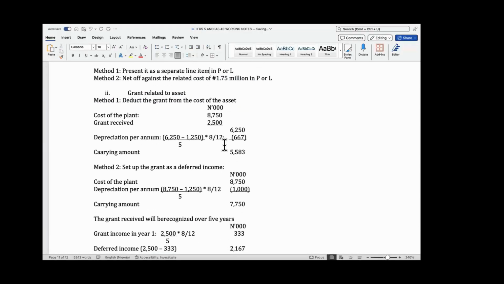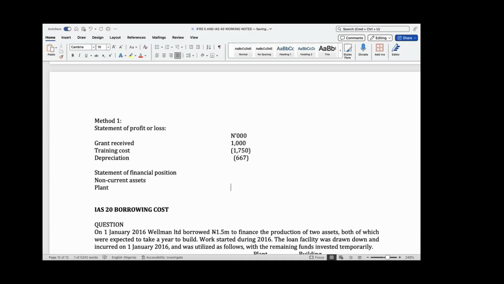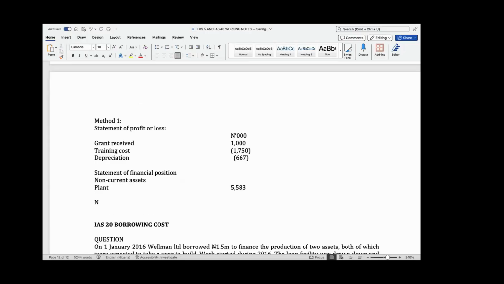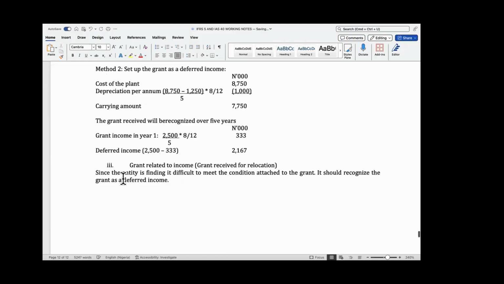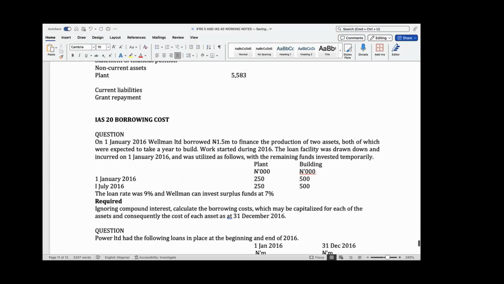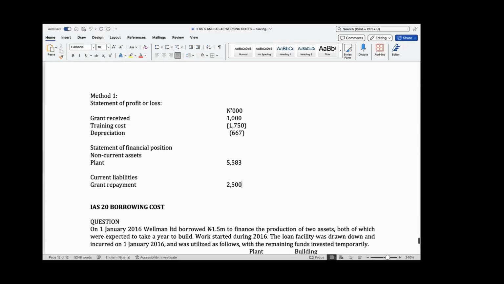For the second grant, my carrying amount is 5583. And also, I will have a current liability. Let me call it grant repayment so you know that something is supposed to be repaid.